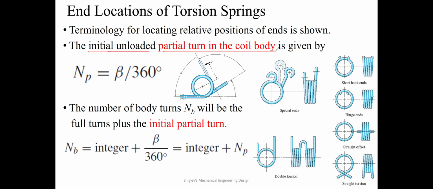We define the partial turn in the coil body, NP, equals beta divided by 360. So this NP represents the partial turns here.